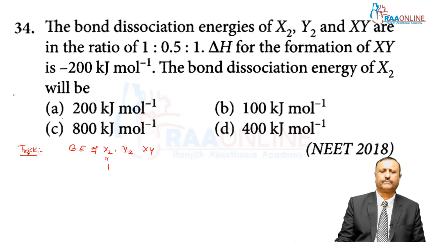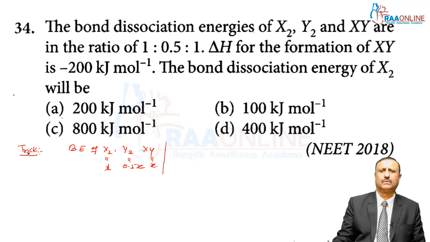X2 is 1, here Y2 is 0.5. If you take X2 as X kilojoule, then 1 means X, here 0.5 X, and here this is X kilojoule per mole.